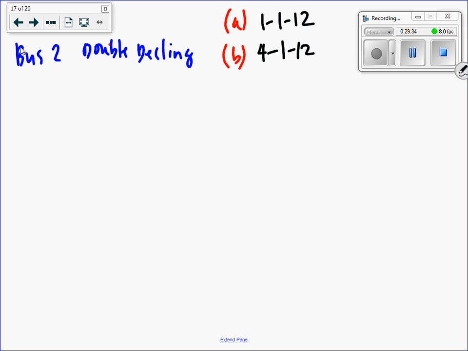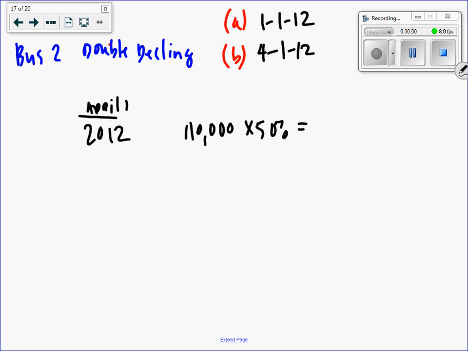Can we run the numbers? We already know where we got the 50% double declining rate, right? I don't have to rewrite all that again. So they're saying, okay, in 2012, April 1, that is, we still have this $110,000 bus times the 50% double declining rate.